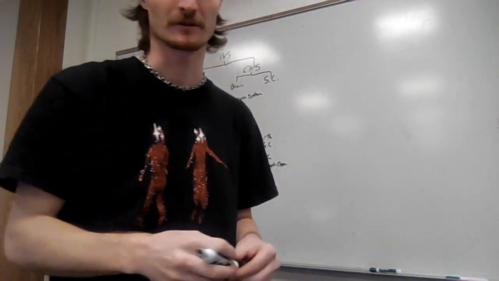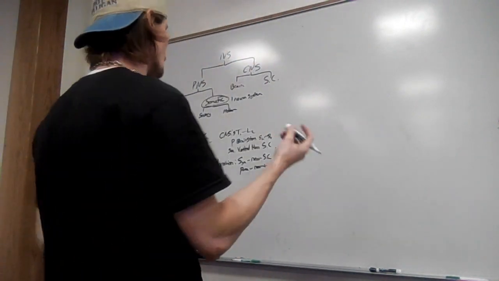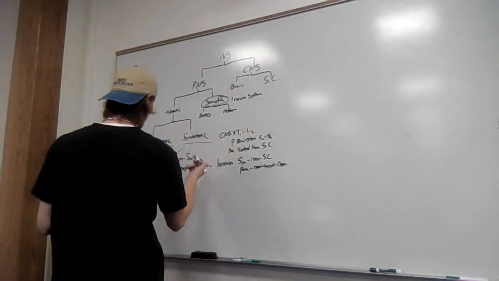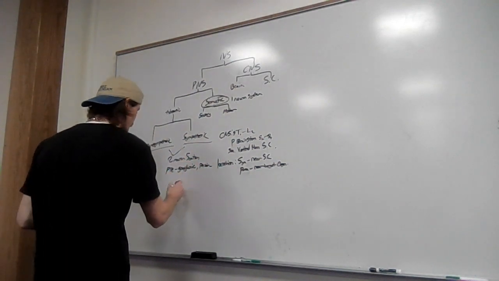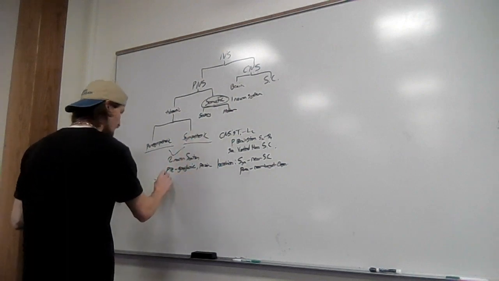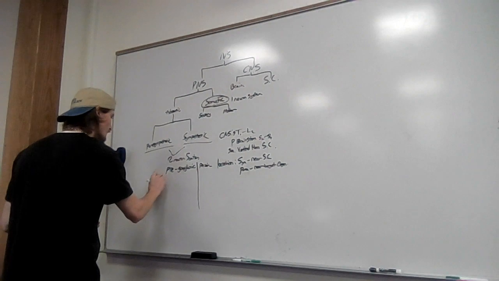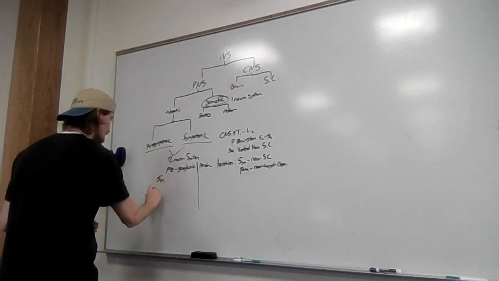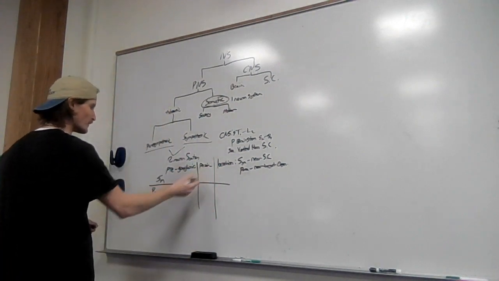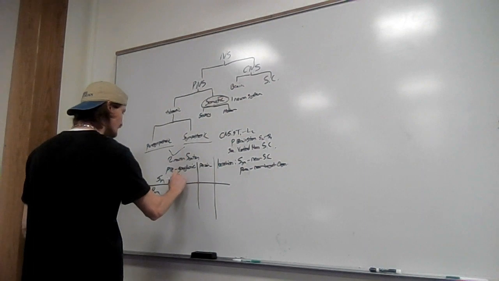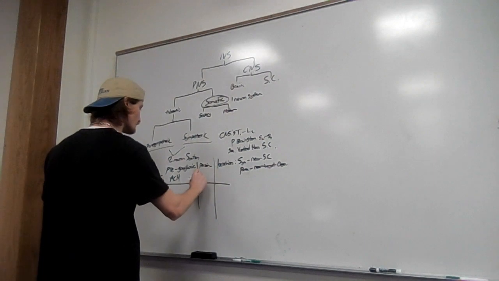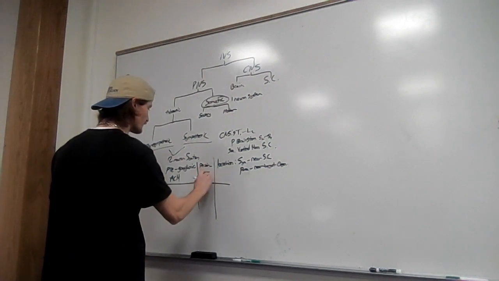The neurotransmitters. For sympathetic and para, we'll do the ganglionic and the post. For sympathetic, the preganglionic is going to give off ACH, but the post-ganglionic is going to give off norepinephrine.